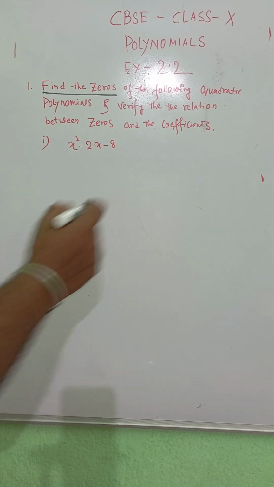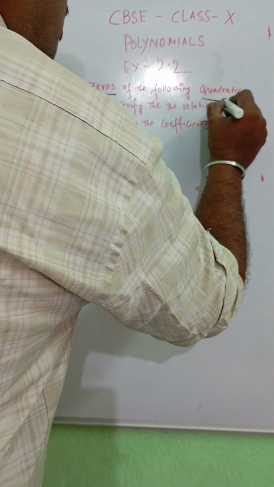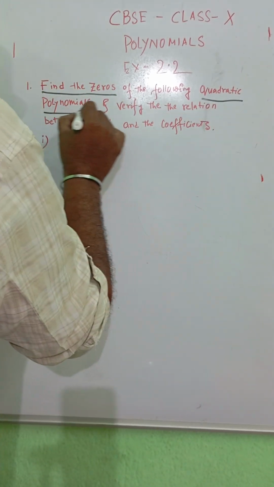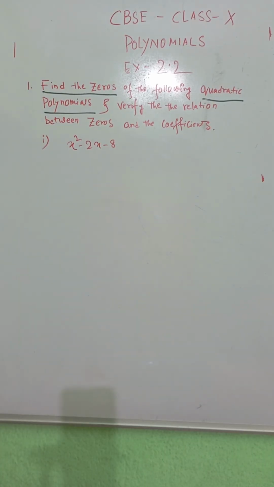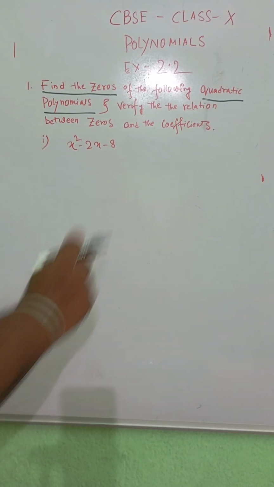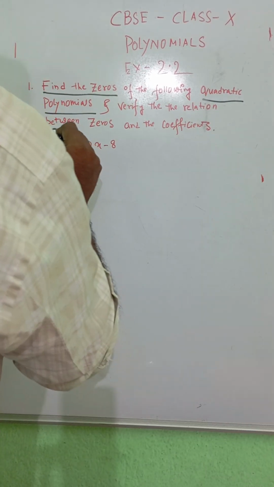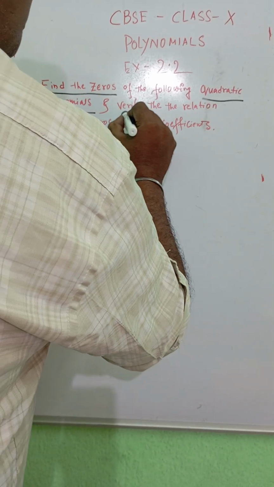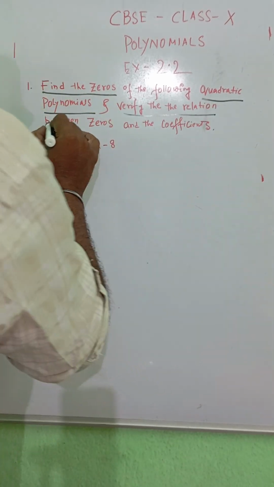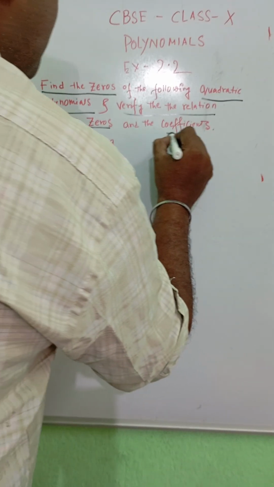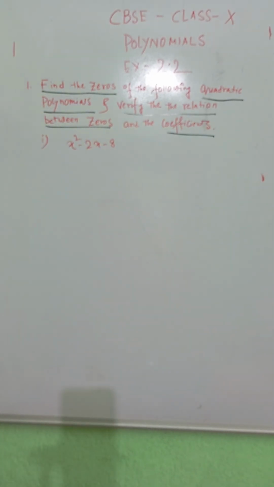Second part is, what is a quadratic polynomial. Then third part, verify the relation between zeros and the coefficients. Now over here, three parts are involved.